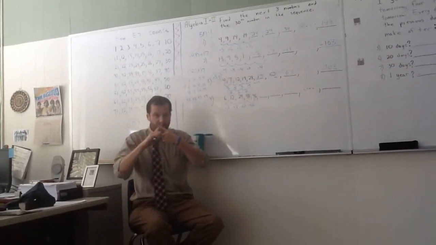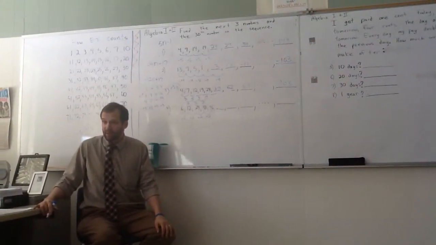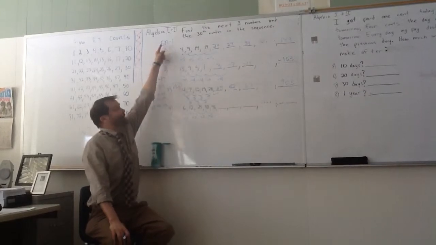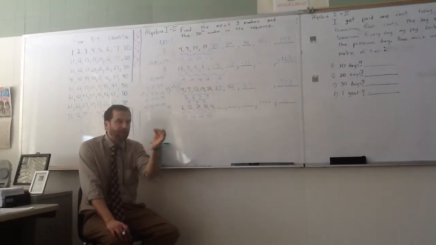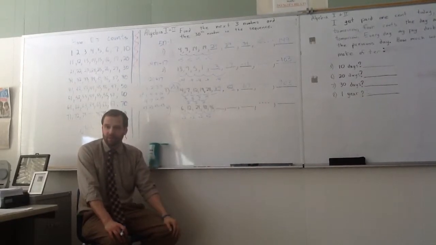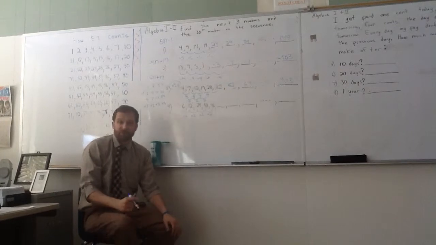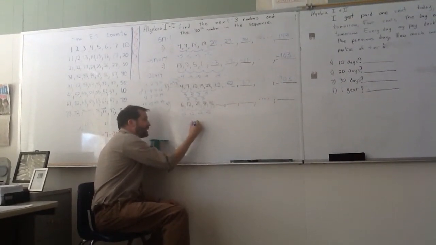Multiply, right? And if we want to multiply a bunch of numbers, what's a quick way to multiply a bunch of numbers? Exponents. Perfect. Which means this is exponential. And the base will be 2.